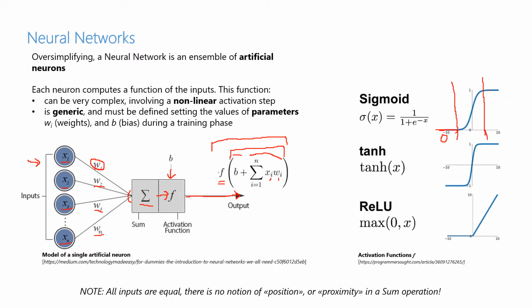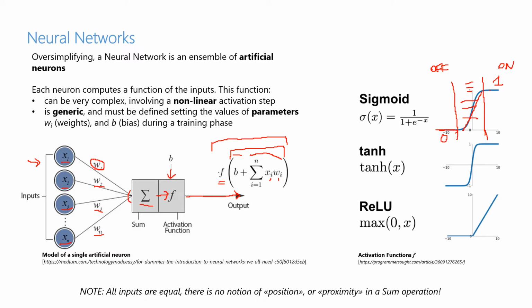On this part, the value returned by the function is always 1. In this intermediate section, the function progressively grows from 0 to 1. So this function is kind of able to give us an off neuron, or maybe an on neuron, or maybe a neuron in an intermediate state that is giving us an intermediate value.